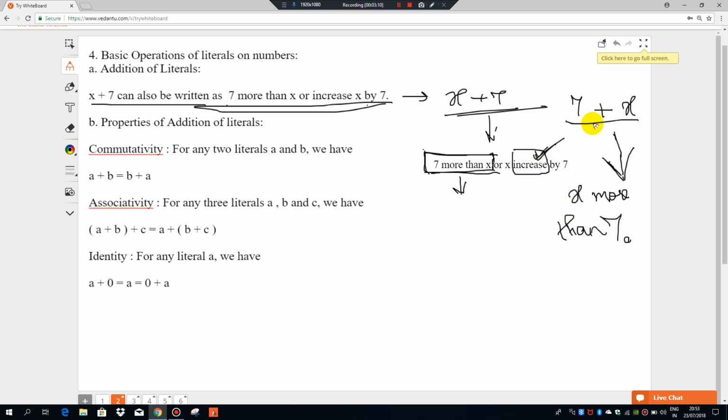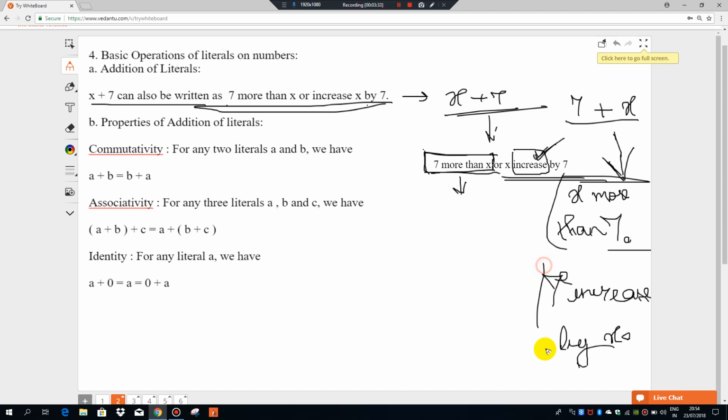If they have given 7 plus x, for this sentence what do we do? We say 7 increased by x. Here we say x increased by 7, but here 7 increased by x.